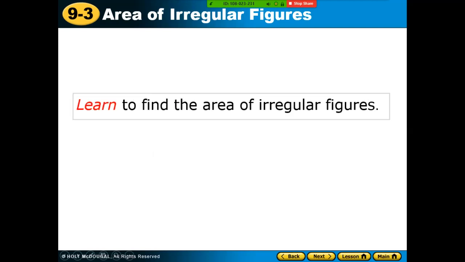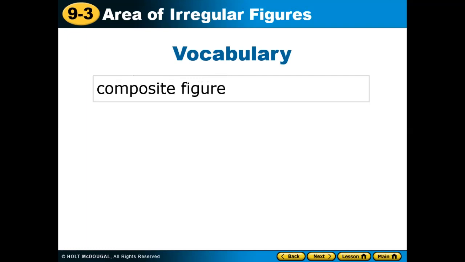As I told you, our target today is to learn how to find the area of irregular figures. But before starting our lesson, we have to know what an irregular figure is. We can also call it a composite figure. So what is a composite figure?